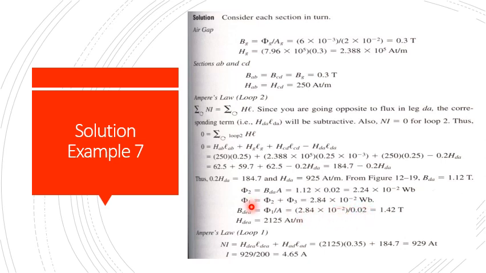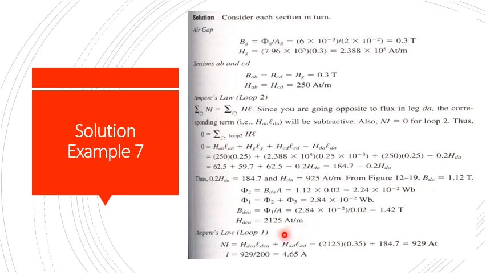Phi 1 covers the section of DEA, so the flux density for DEA section is phi 1 divided by A, and we get 1.42 Tesla. Then we refer to the BH curve to get the H. The H value is 2125 ampere turn per meter.